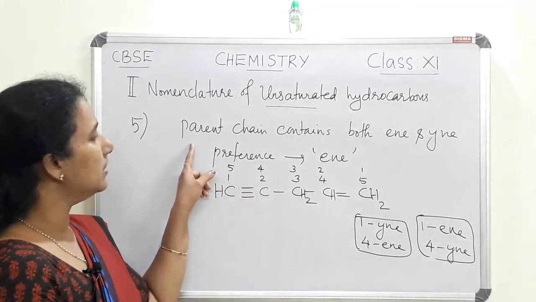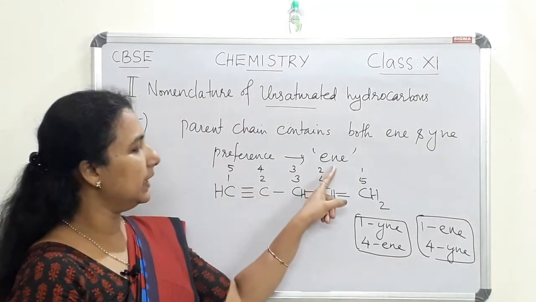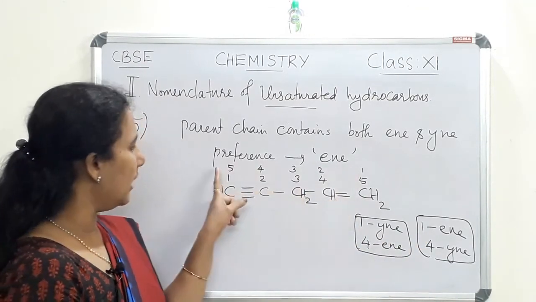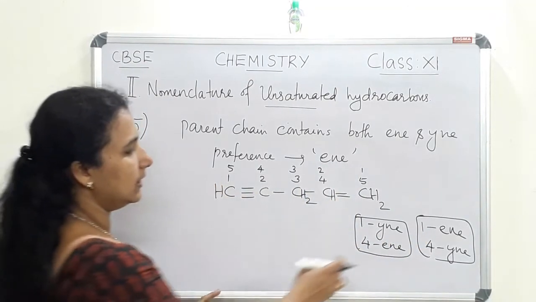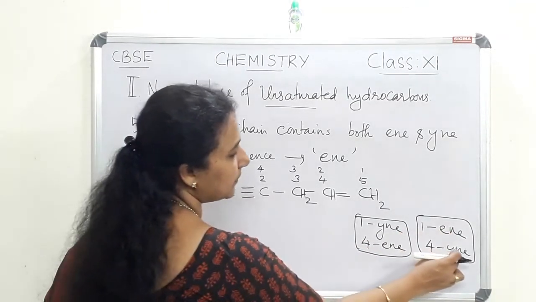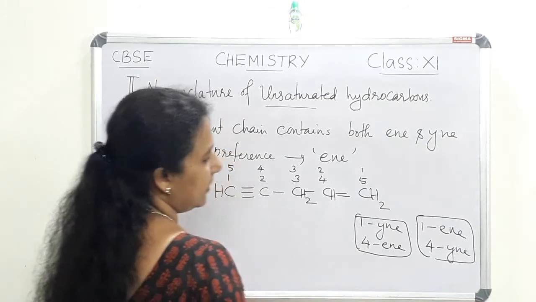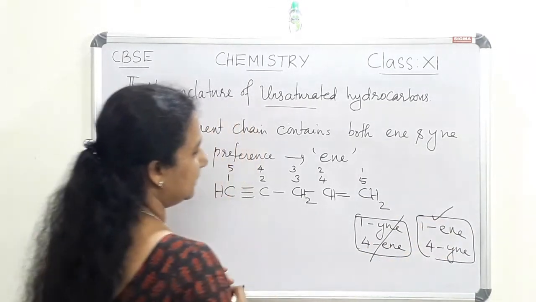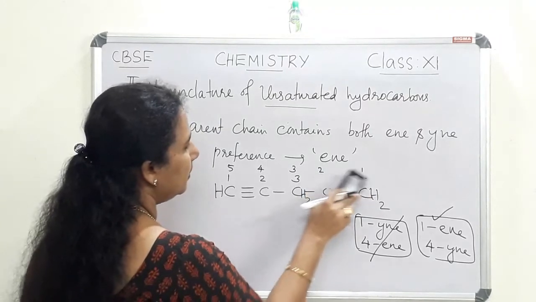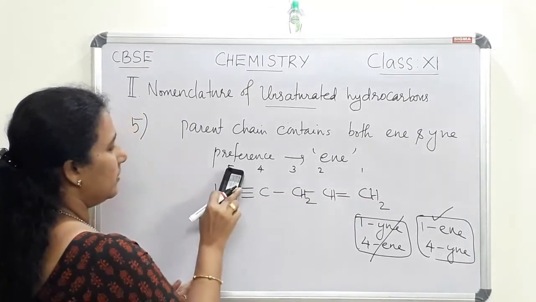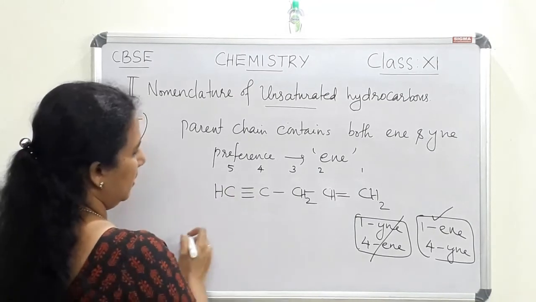According to this rule, preference should be given to ene. So numbering from right to left is the correct way. That is, the first position should be an ene and the fourth position should be a yne. So this is the wrong way, and this is the right way of numbering. From right to left is the correct way of numbering. So let us name this compound.